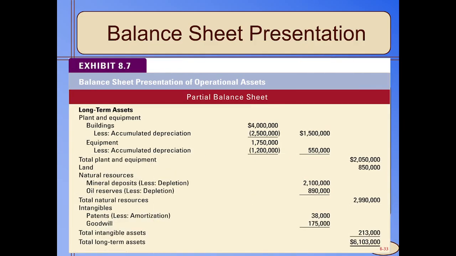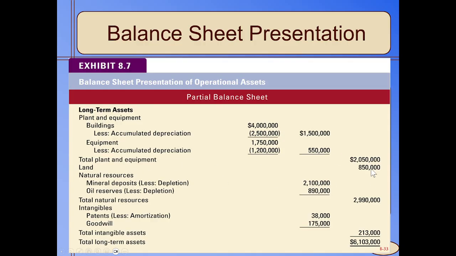On this portion of the balance sheet, we demonstrate how property, plant and equipment, natural resources, and intangible assets are shown. So we have a building amount less accumulated depreciation, so we have a book value. Equipment less accumulated depreciation gives a net value or book value, and we have a total plant and equipment.